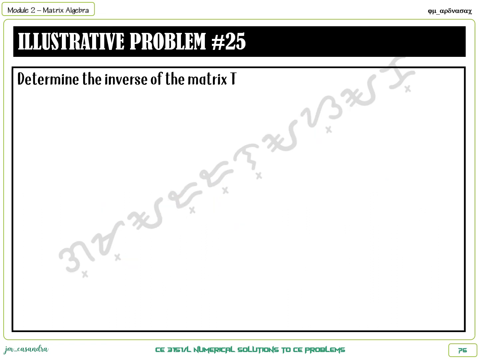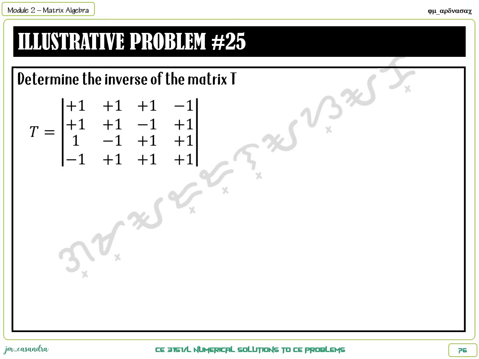So for number 25, determine the inverse matrix T, which is a 4 by 4 matrix. So I have learned already how to compute for the determinant of a 4 by 4 matrix by Laplace method or by pivotal element method. So using either of the two methods, we'll arrive at the determinant of T, which is equal to negative 16. So it's not equal to 0, therefore matrix T can be inverted. So also, we have learned already how to get the cofactor of a 4 by 4 matrix as well as the adjoint of a 4 by 4 matrix.